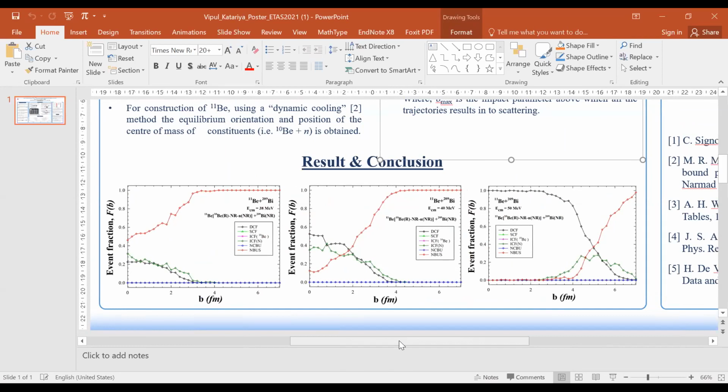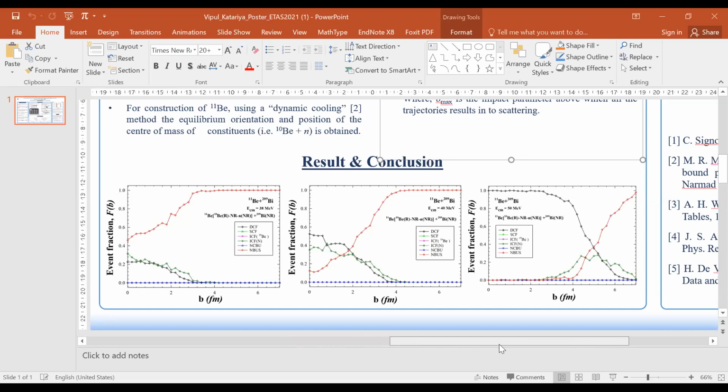For the near barrier energies, for example, E center of mass equal to 38 MeV and 40 MeV, it can be seen that for the lower impact parameter, the green line, which indicates the neutron transfer from the projectile to the target, is significant. And for the higher impact parameter, almost all trajectories result in non-breakup scattering.